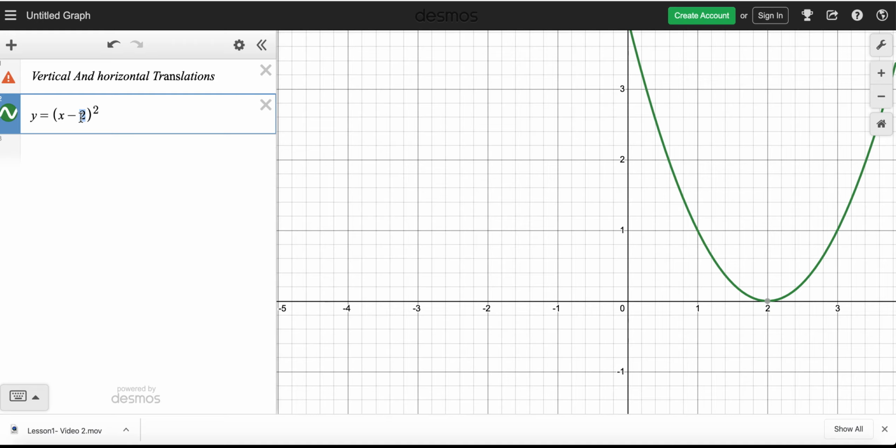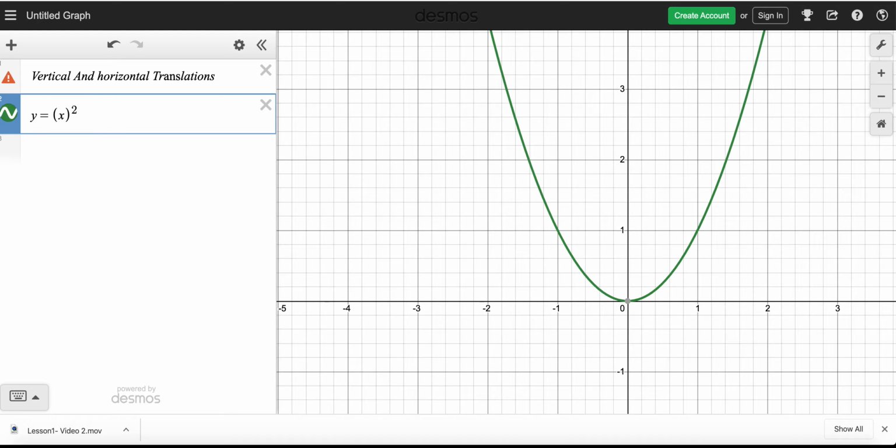Okay, what if I want to move it to the left? That's my curve, x minus 0 squared, which is x squared. If I want to move it in this direction, this number here should be negative, so negative 2, let's say.